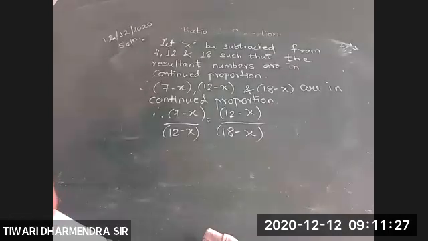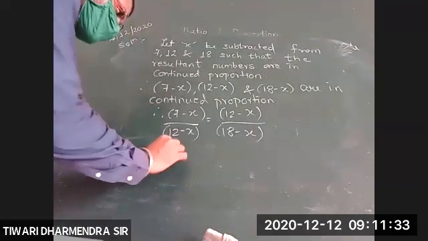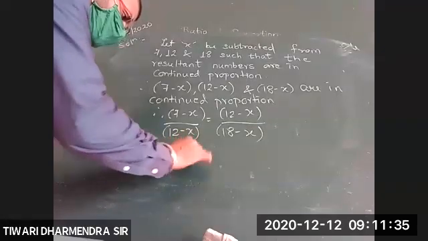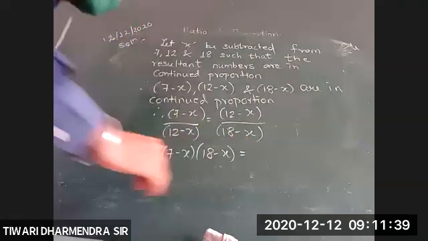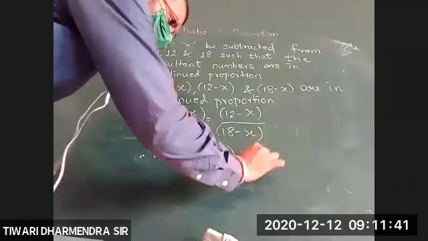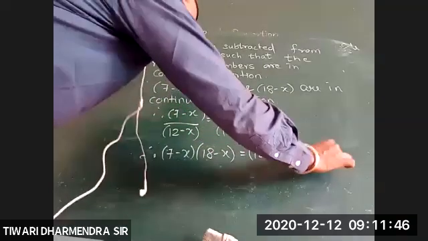Therefore 7 minus x into 18 minus x is equal to 12 minus x into 12 minus x.